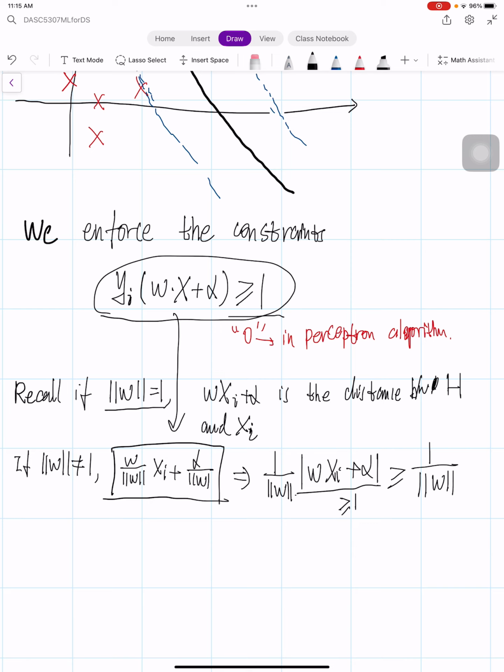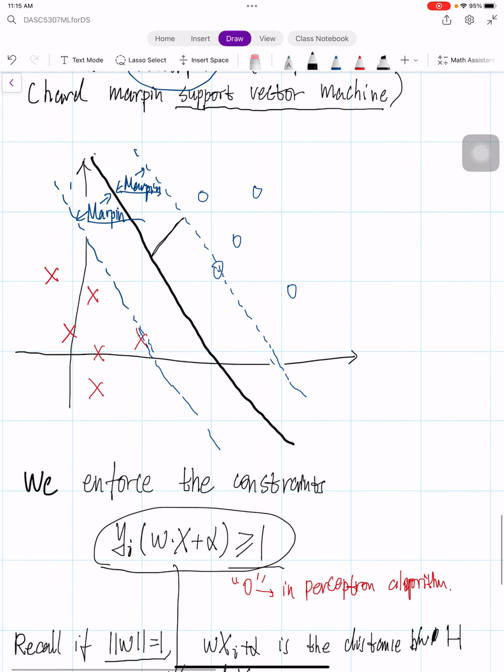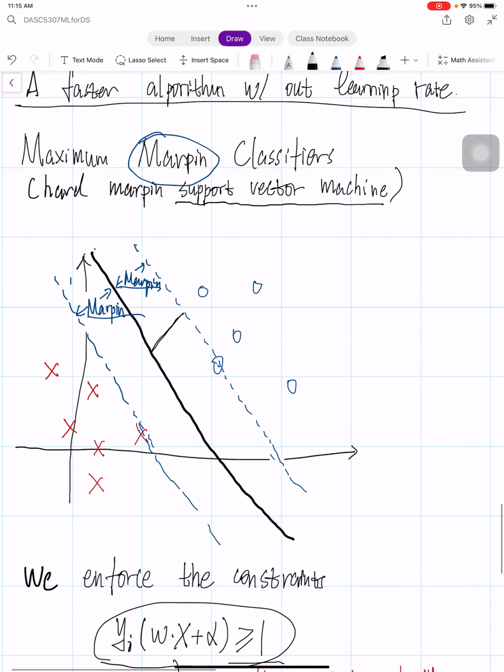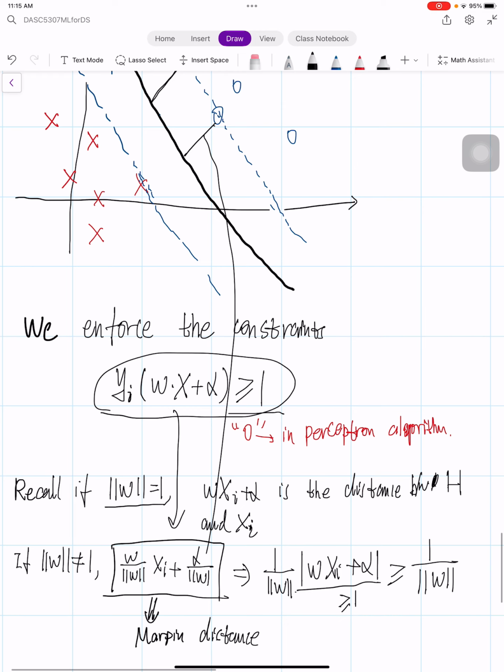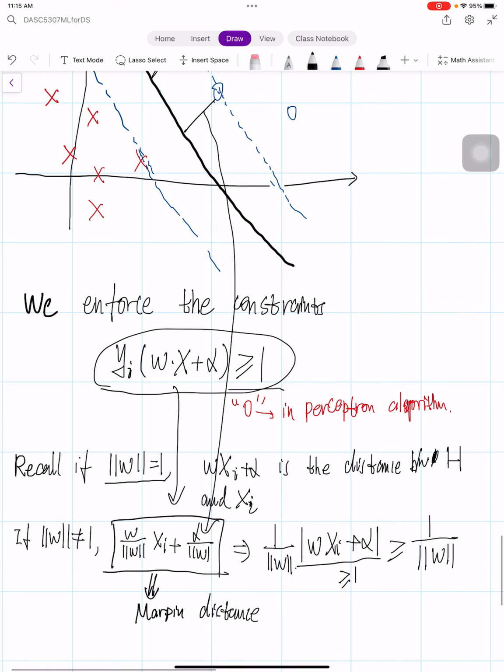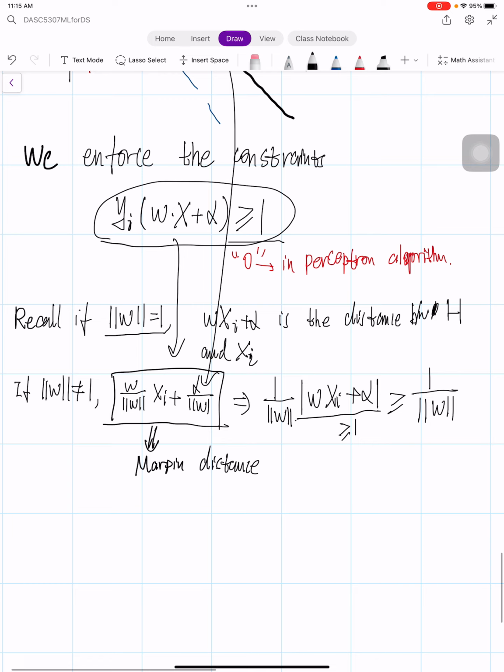In other words, this represents a margin distance, right? Among all the points, each data point's distance is calculated by this, and we want this distance to be as large as possible.